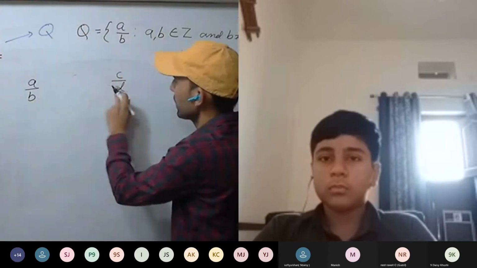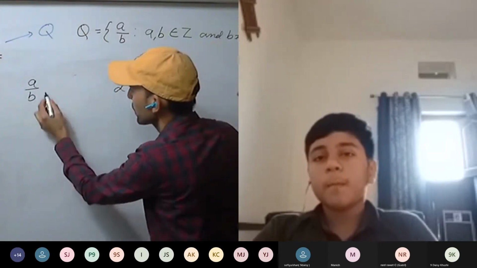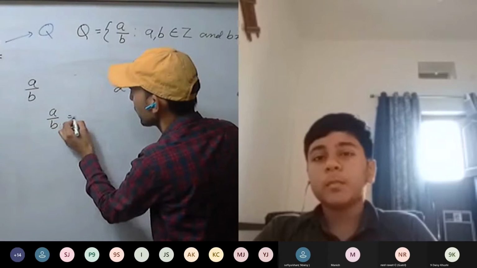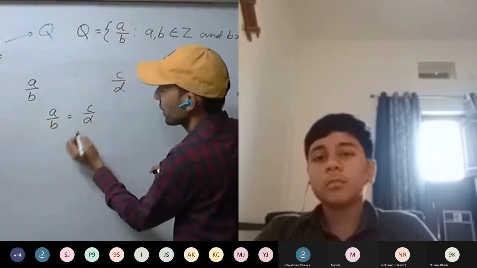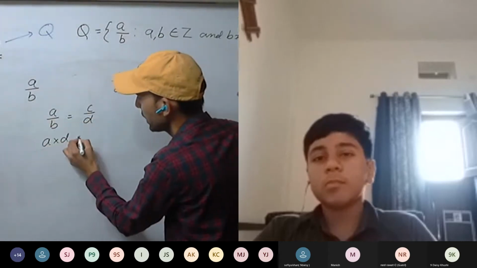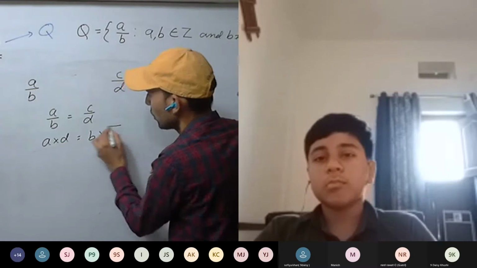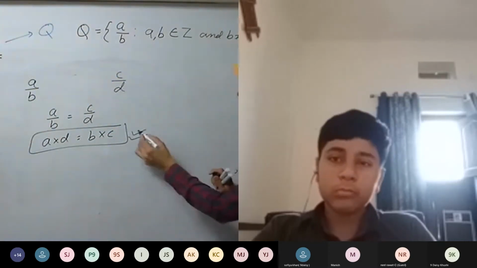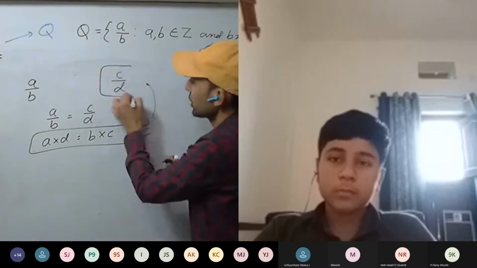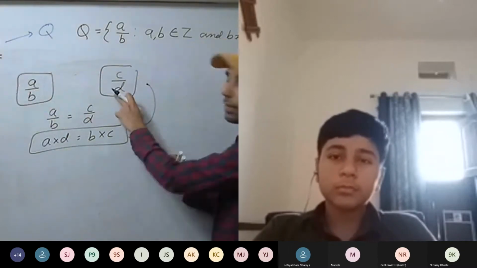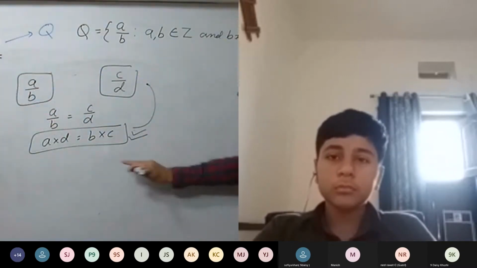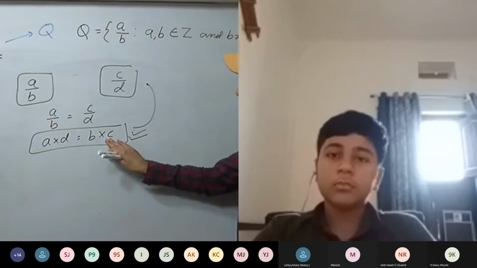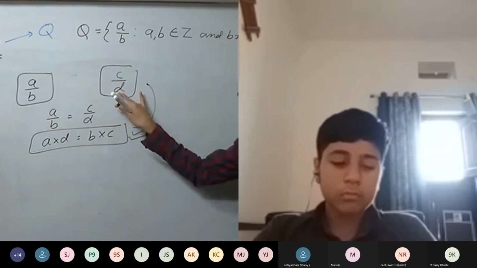That is, if A by B equals C by D, we cross multiply: A into D equals B into C. So if this condition is satisfied, then we can say these two rational numbers are equal.